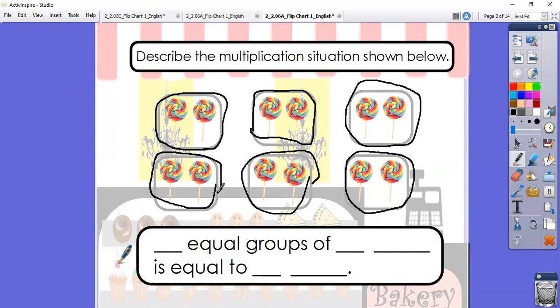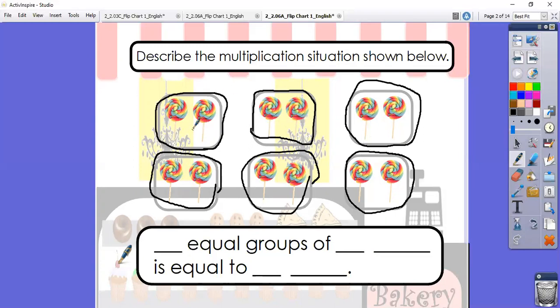So before we even look at our sentence stem, let's identify what parts make this a multiplication problem. First of all, I have groups of things. I have the same number in each group.